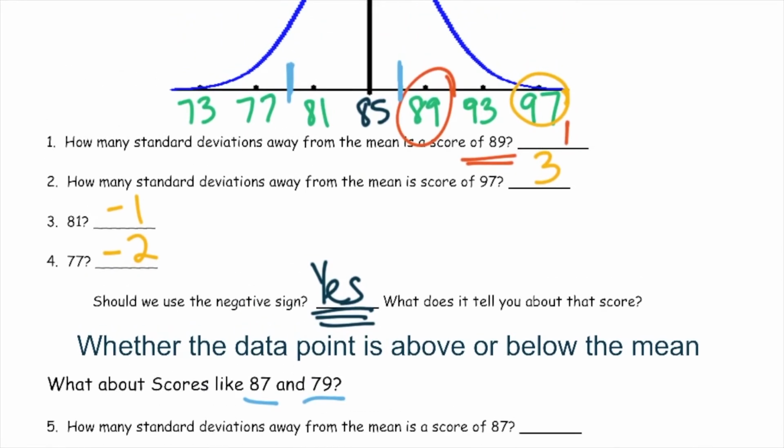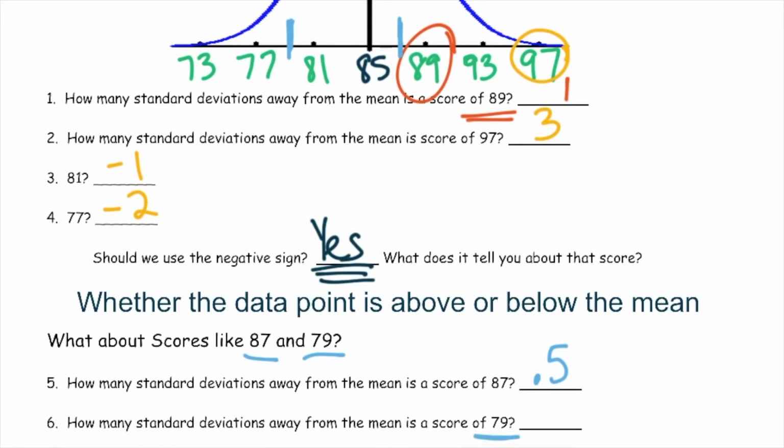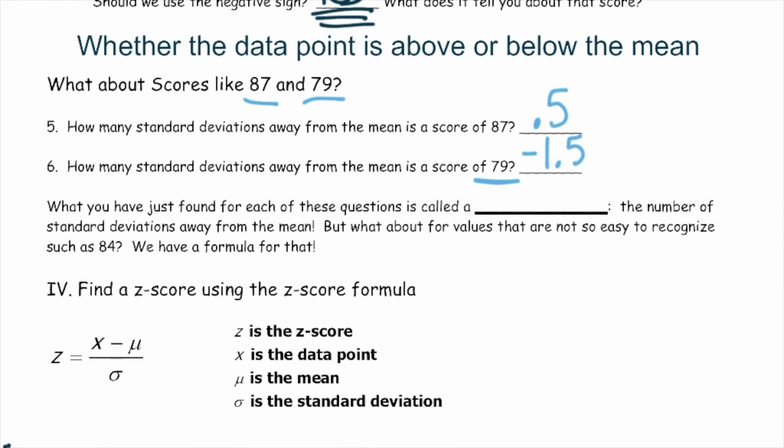So if we look at the top here, 87 is halfway between 85 and 89. So that's going to be a standard deviation of 0.5. The standard deviation for 79 is going to be down 1.5, so negative 1.5, because it's between 77 and 81.